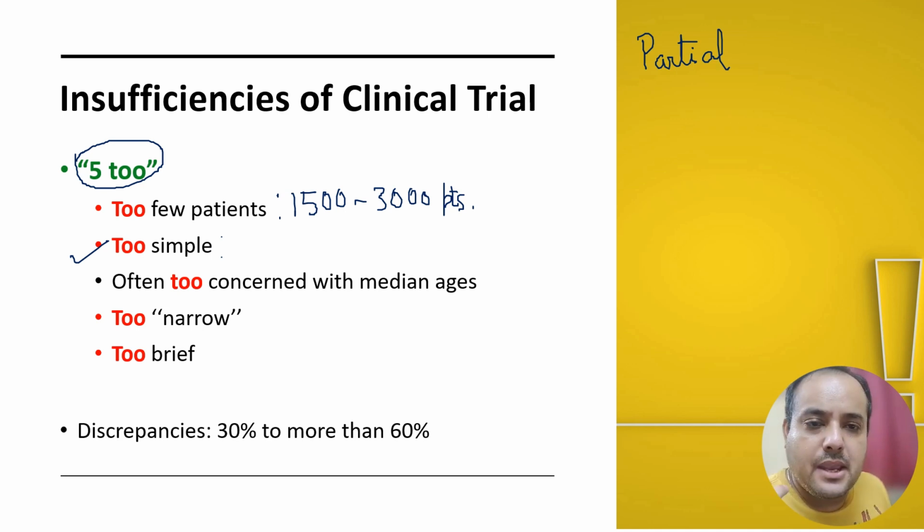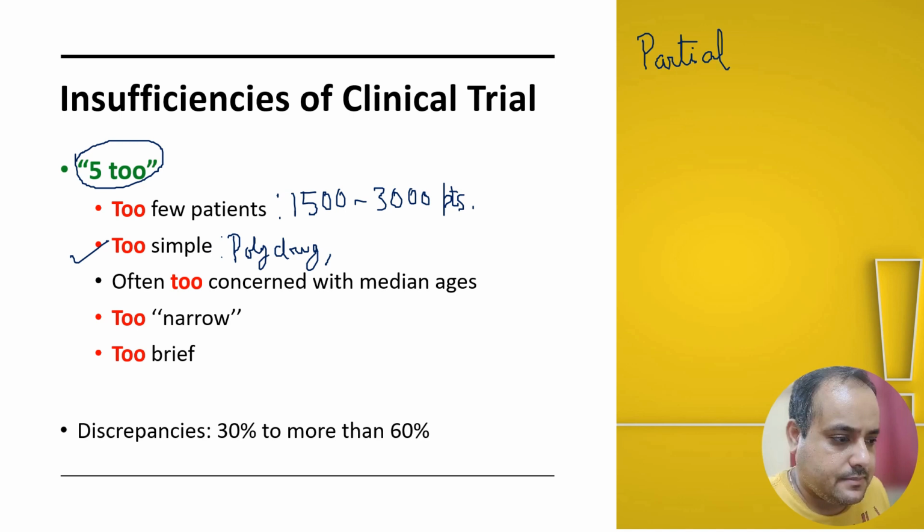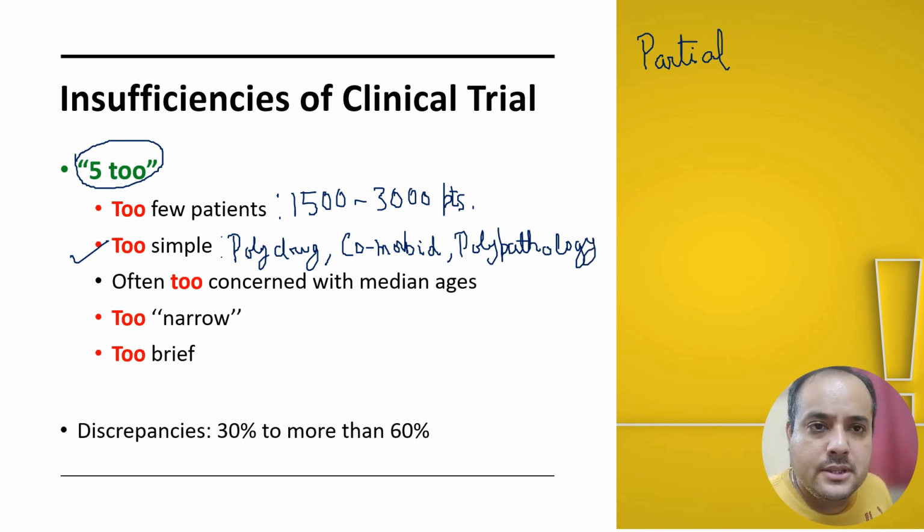Because patients who are consuming a number of drugs, the polydrug patients, or the patients who have got a lot of comorbid conditions, or patients with polypathological conditions, all these patients are normally excluded from the clinical trial.